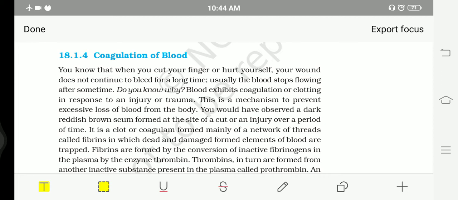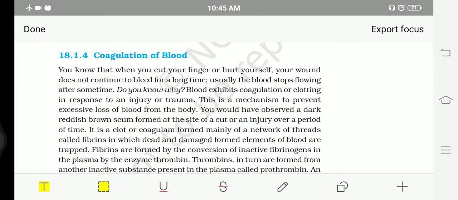This is a unique character we see in mammals. When blood comes outside or oozes outside by an injury, the blood clots or coagulates within a few minutes, because in this blood clotting process the injured cells release certain substances.